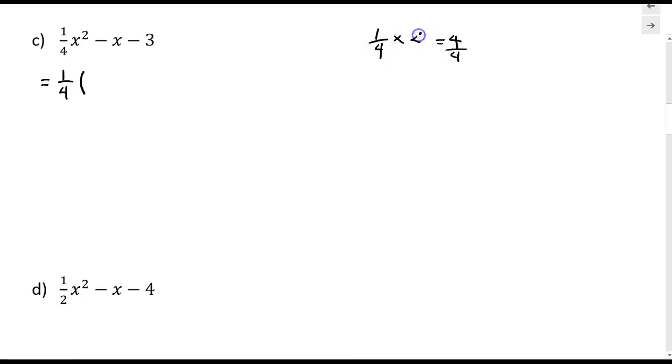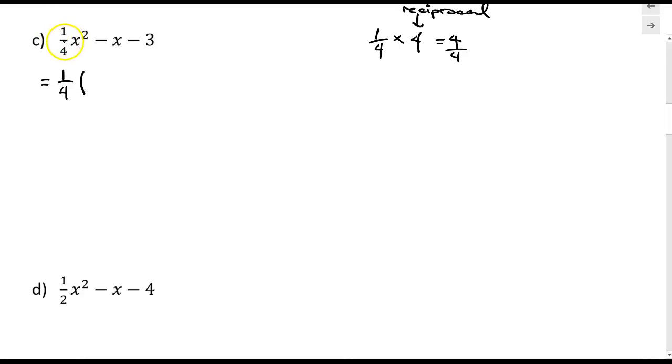Well, in that case, my reciprocal is that number 4. So dividing by a 4th, sure, you can think about it that way, or you can think about it as multiplying by its reciprocal, which is multiplying by 4. That's what we wanted to do in the first place, so awesome.